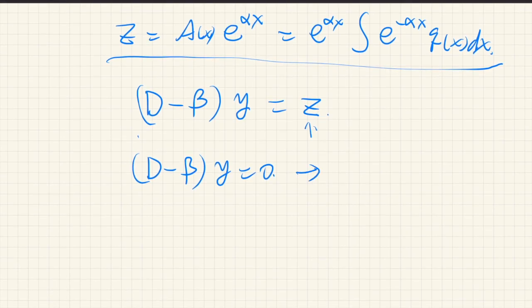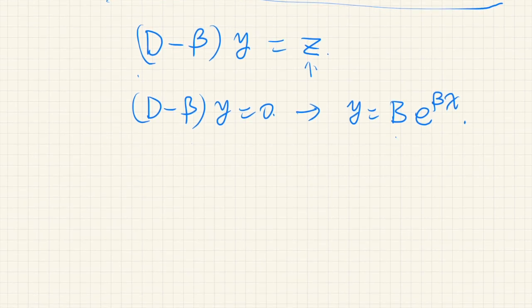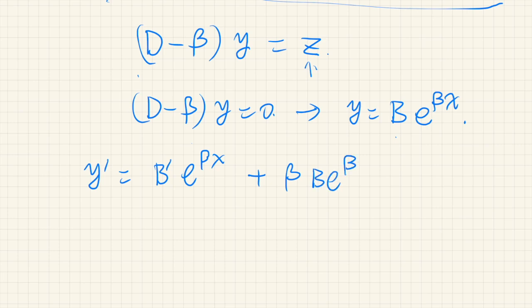From this, we have y equal to some constant times exponential of beta x. Now we regard this b as a function of x and differentiate y. We have b prime exponential of beta x and beta b exponential of beta x.